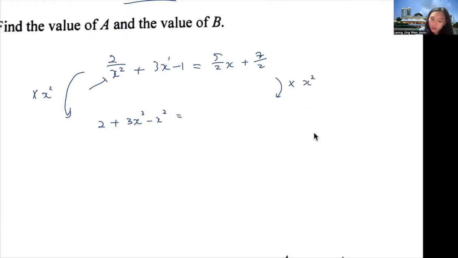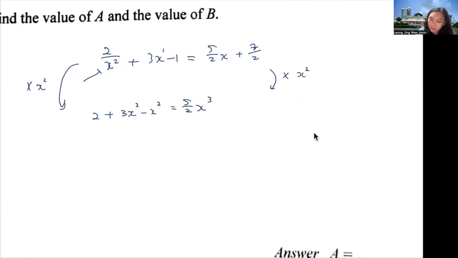Okay, so same thing. 5 over 2 x times x squared, you get x to the power 3. 7 over 2 times x squared, you get 7 over 2 x squared. So all our numbers are pretty okay. Maybe let's try to rearrange them together. Let's put all of them to the left-hand side, and go by decreasing order of power first.